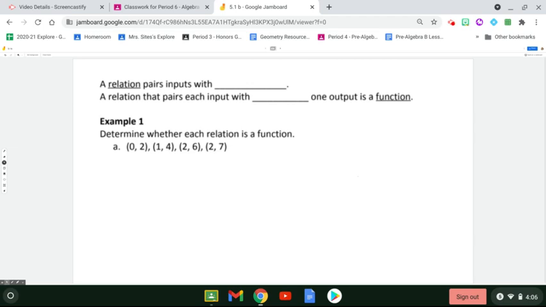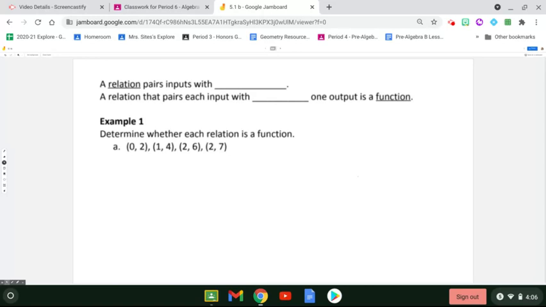Today we're going to be talking about special functions, okay? And a special test that we can use to determine if we in fact have a function or not that we're dealing with. And we're going to be looking at points, we're going to be looking at graphs, and we're going to be looking at something called a mapping diagram to determine if we have a function or not.